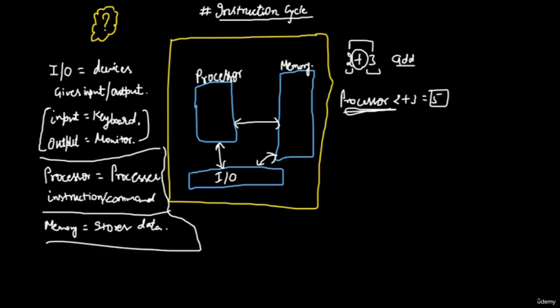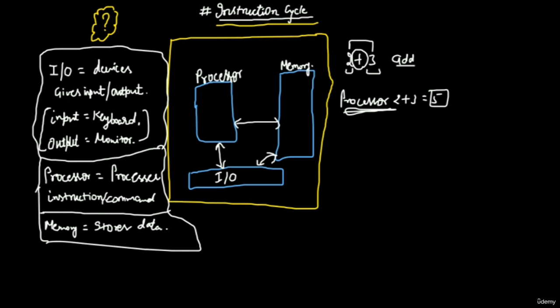We are very clear about this, and make sure there is no room for any kind of confusion in this one. Once we are clear with this, we will know the instruction cycle entirely. I mean it, entirely. Now, let's come back to this instruction cycle that we have.